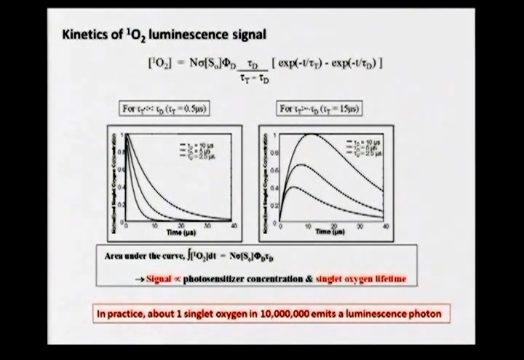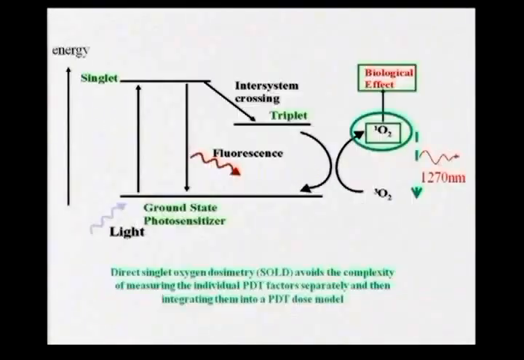If you look at the kinetics of this, what is happening is that the triplet state process is generating the singlet oxygen, and then the singlet oxygen is decaying, both by this process and by the biological effects. So this is equivalent to filling up a bathtub where the plug is removed.